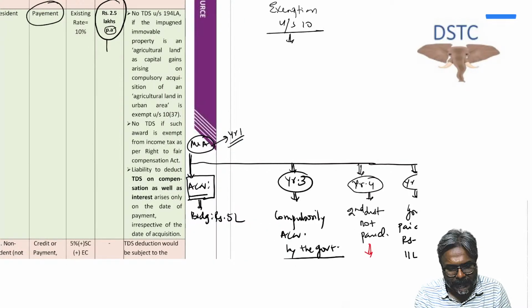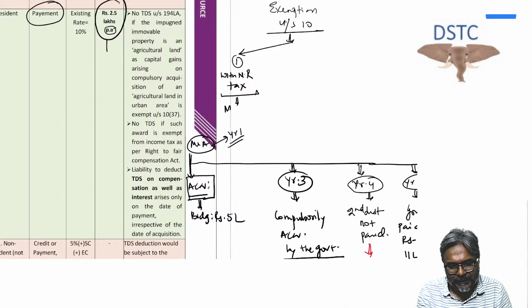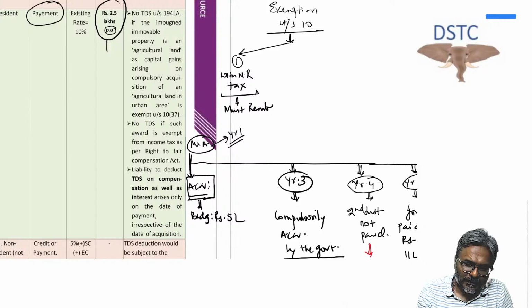It can be categorized into three parts. First one is with NR taxation, which we have dealt with. It must be remembered.